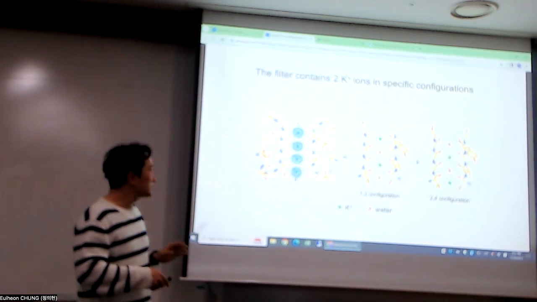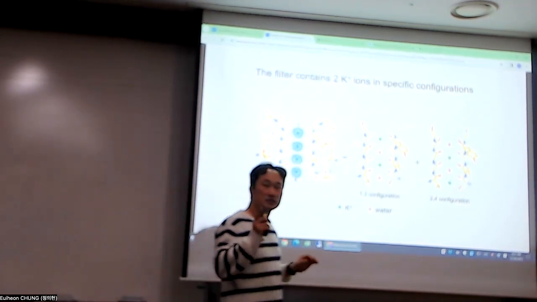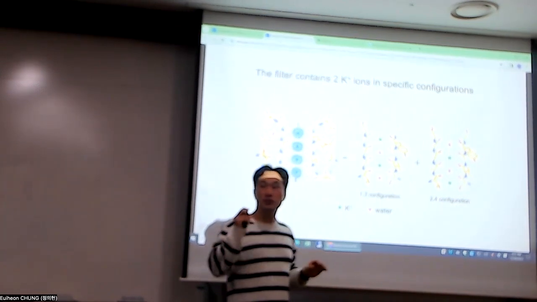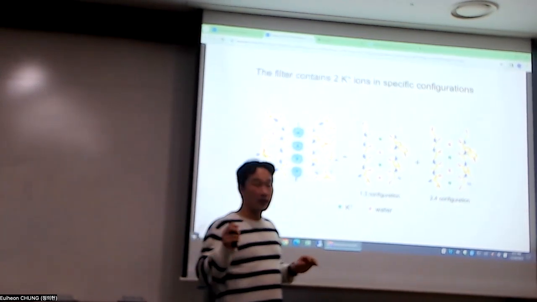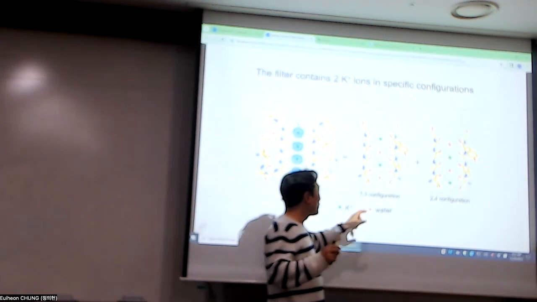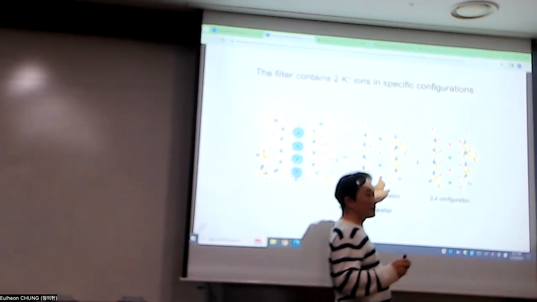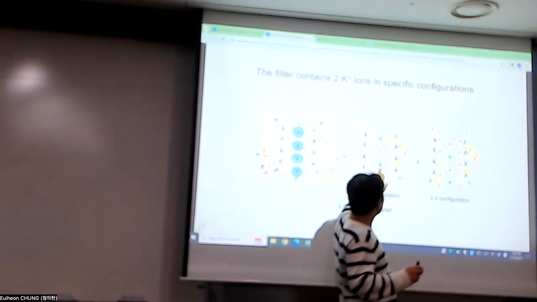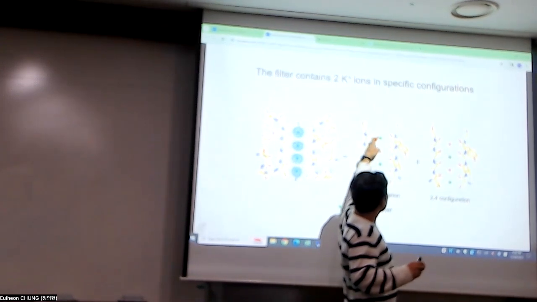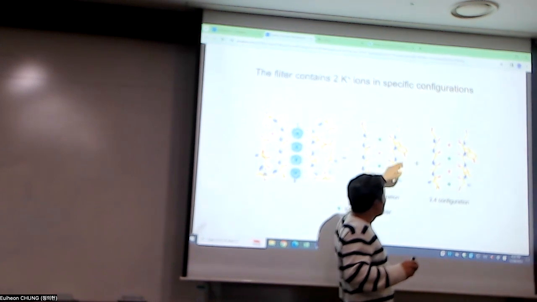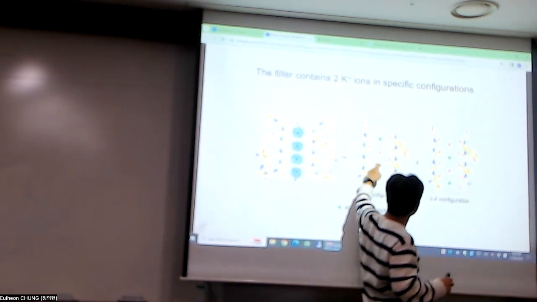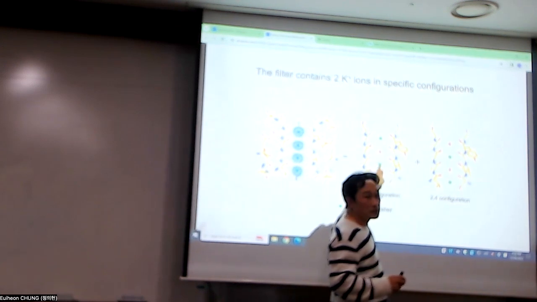So in case of sodium, which is smaller than potassium, right? When it enters, it is blocked, not just by the potassium ion in front, but also by the other chambers.